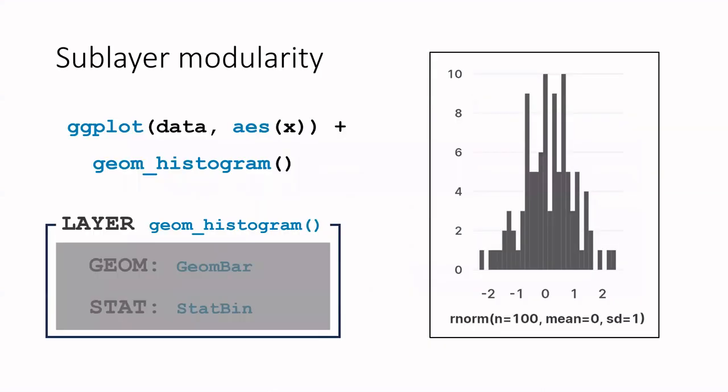And on the other hand, as we just saw, users of the grammar can still get away with thinking about layers like geom_histogram as the fundamental building blocks of visualization and not have to worry too much about the lower-level details like the stats and the geoms involved in the layer. And this design has clearly served users well, given the massive popularity of these libraries.